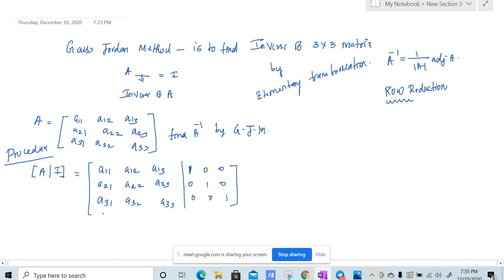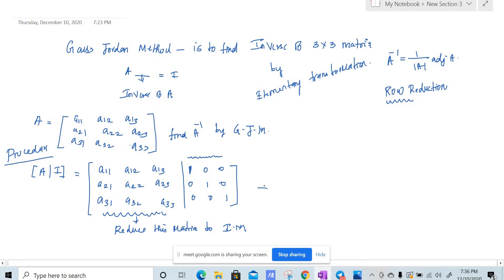Now what we need to do is, we need to reduce this matrix to identity matrix. Our aim is to reduce this 3 by 3 matrix to identity matrix by elementary transformations, and whatever transformation you are doing here, you need to apply to this matrix also.